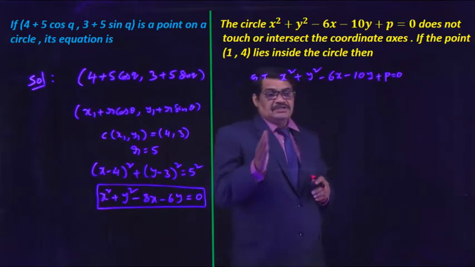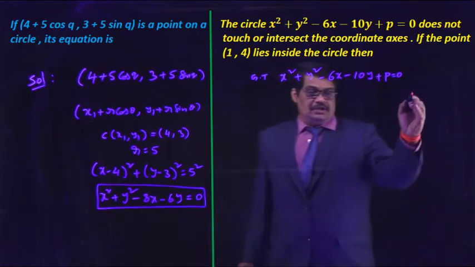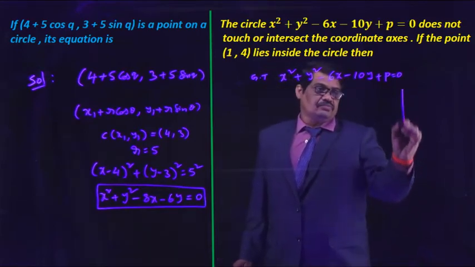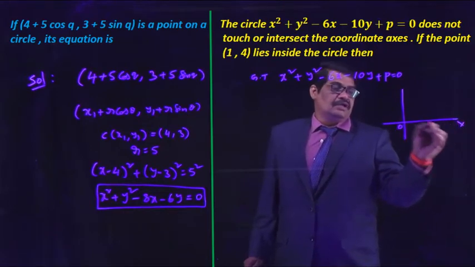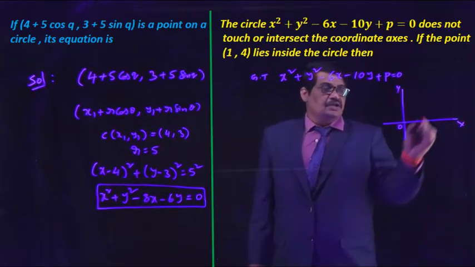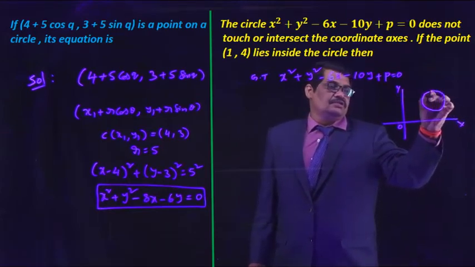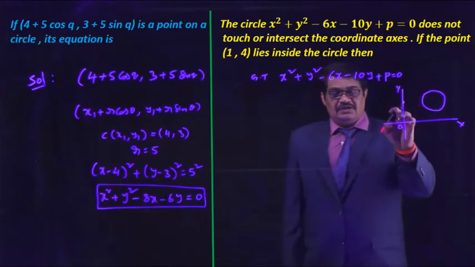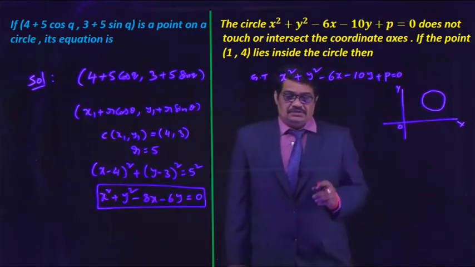This circle does not touch or intersect the coordinate axes. See the diagram. These are the coordinate axes, this is the x-axis and y-axis. This is the given circle. The circle does not touch or intersect the coordinate axes. That is the given condition.